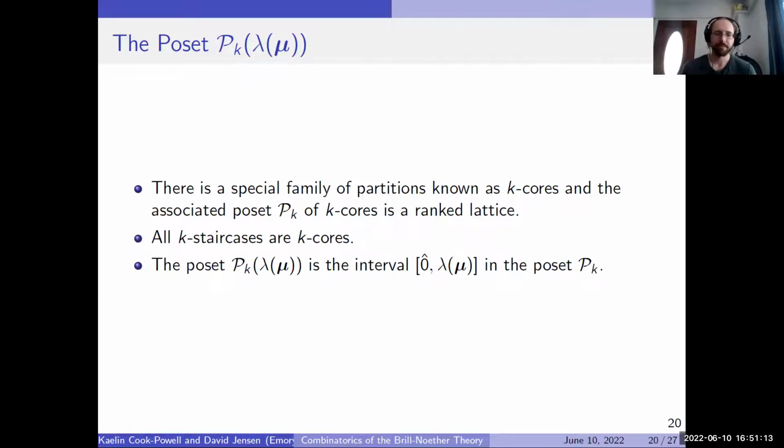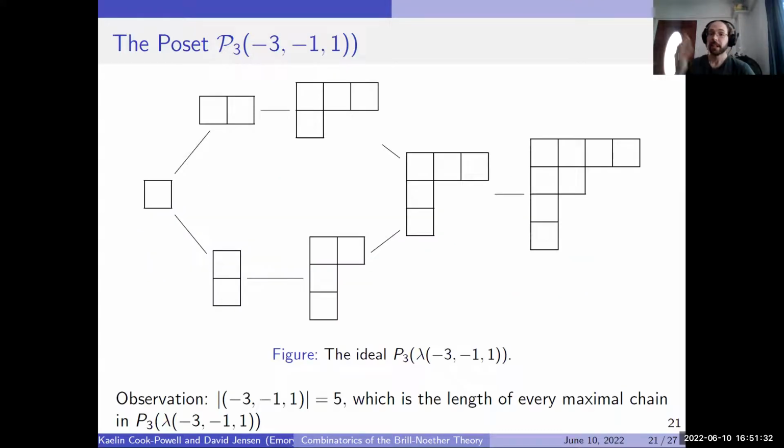And if I look at a certain poset associated to a k staircase, this is actually an interval in this poset of k-cores. It's the interval below this k staircase. And here's an example of one of these intervals.